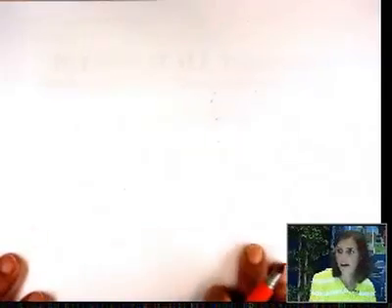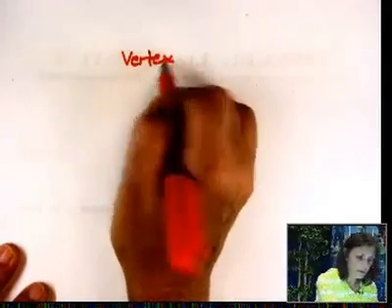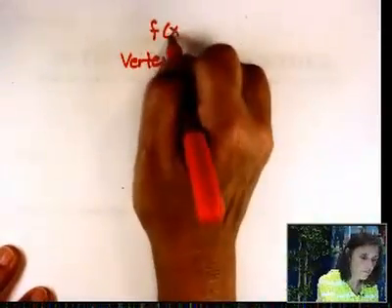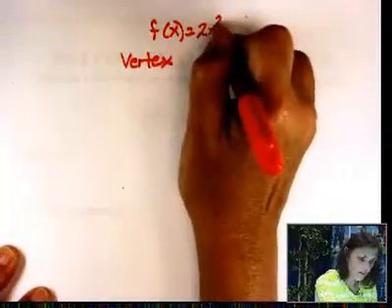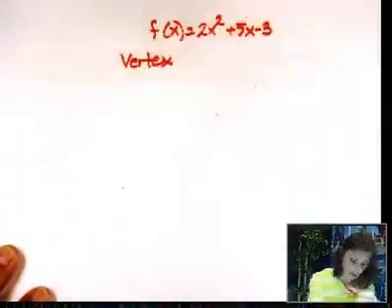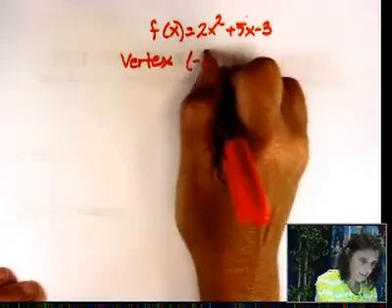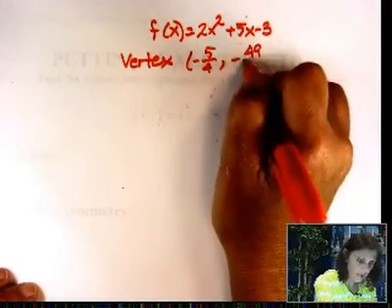So can I put all this together? I'm going to rewrite this. F of x equals 2x squared plus 5x minus 3. My vertex was at negative 5/4, negative 49 over 8.